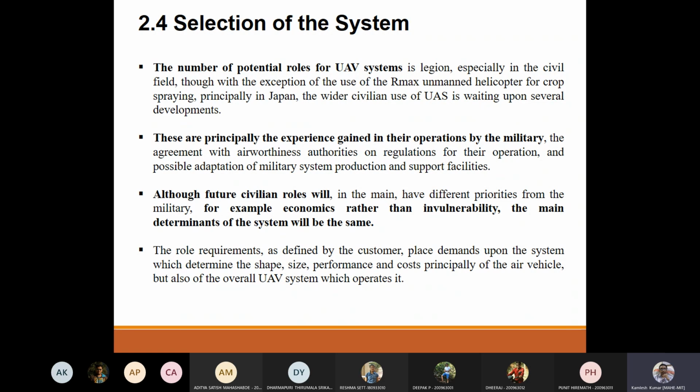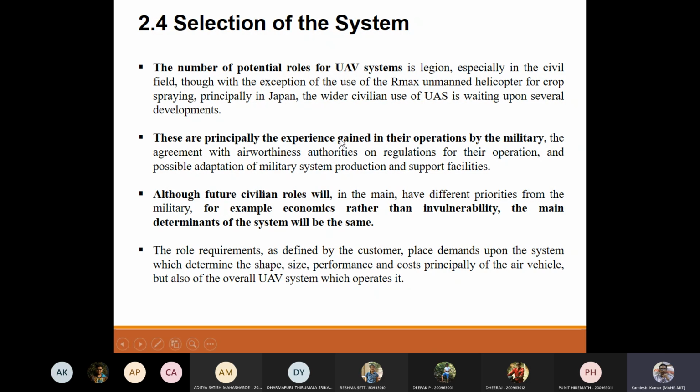Lots of changes happened, and several developments were required. Maybe today or tomorrow, new systems will come in the future which will be useful for defense as well as civil applications. So selection of the system is important when you are talking about application specific; your system is going to change.